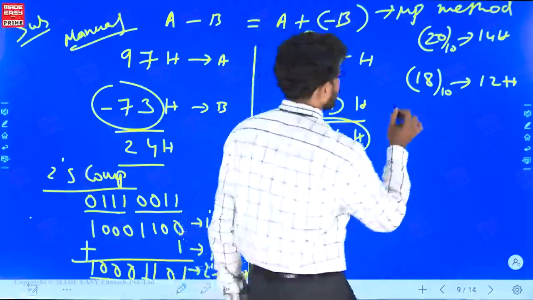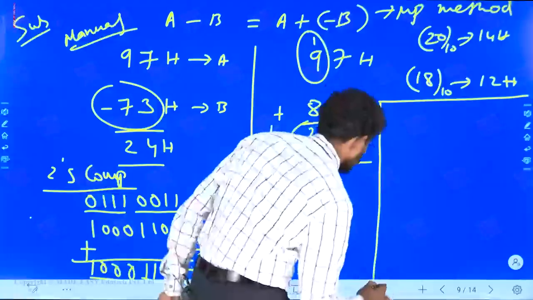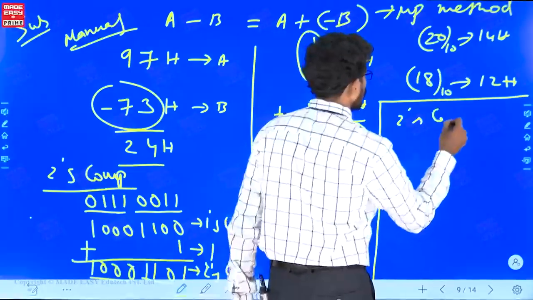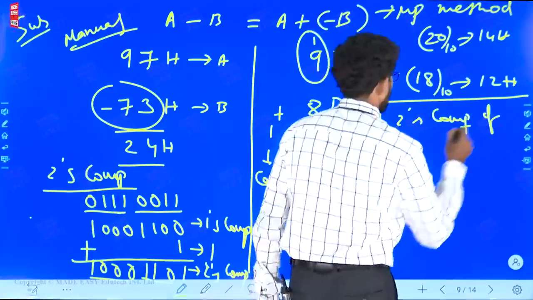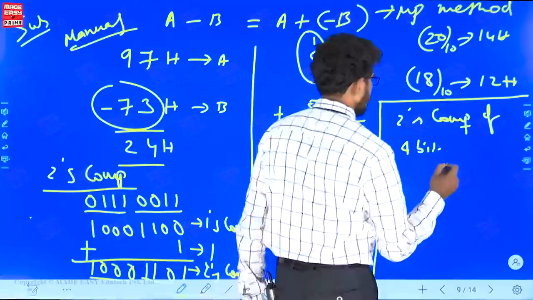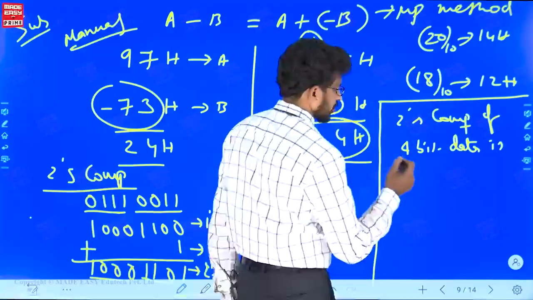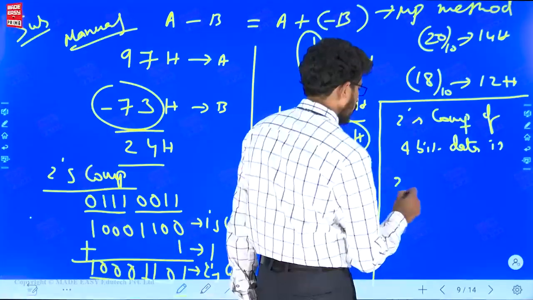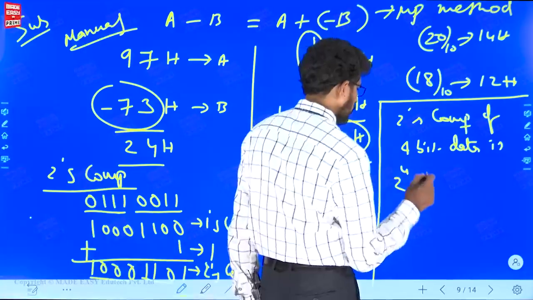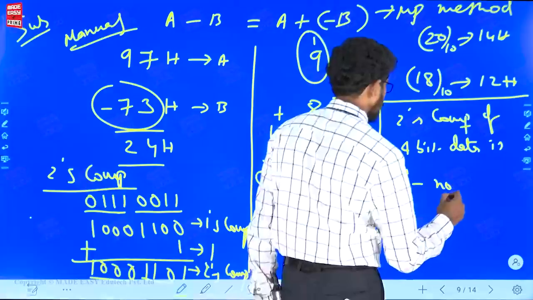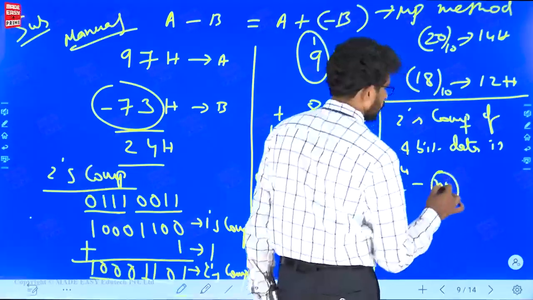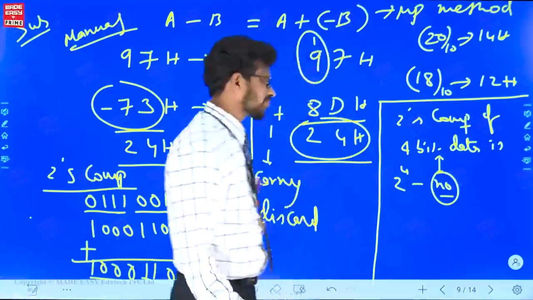It means the 2's complement of 4-bit data is 2 power 4 minus the number. So this number is 4-bit data.